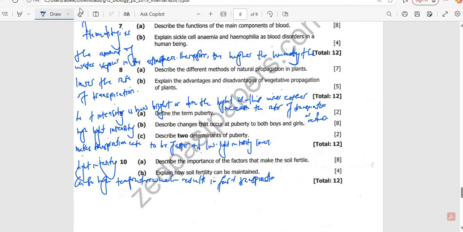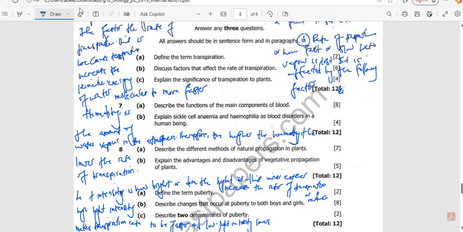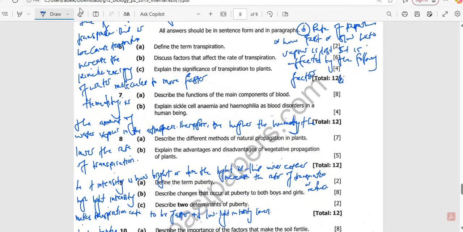So I've discussed now three factors which can help me to get all these marks given, 6 marks. The other thing I've discussed is I defined transpiration rate. So in total now, I have 8 marks.